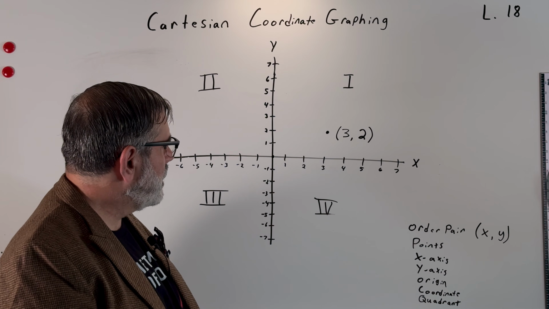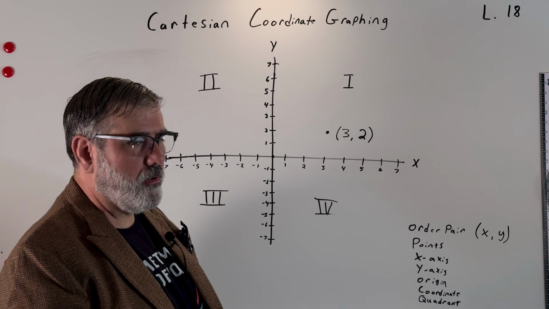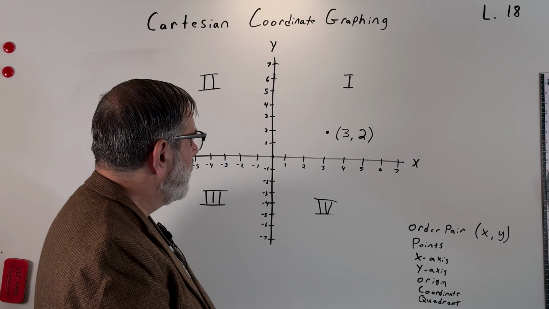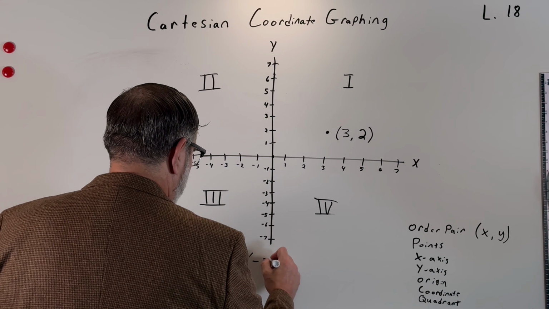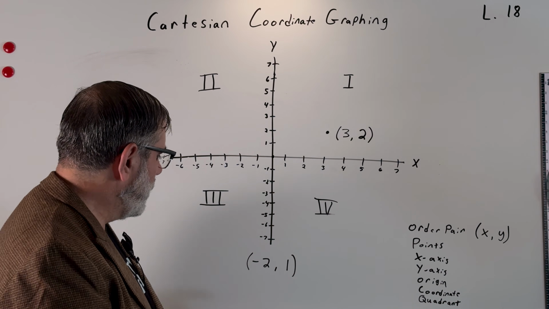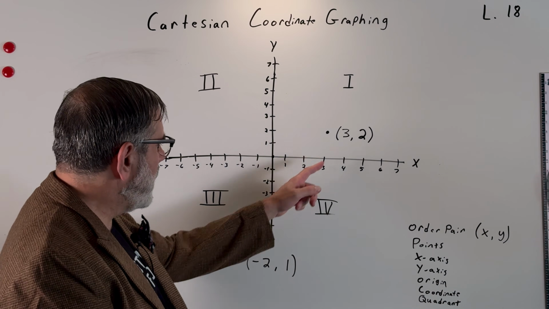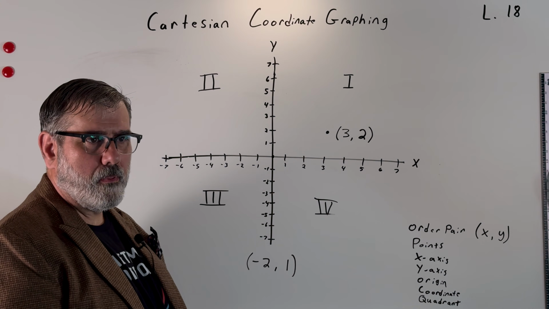What if I had, say, a negative x value, but a positive y value? So something like, what if I wanted to plot the point (-2, 1)? Here, the x value is negative. Well, if positive means to the right, what do you think negative means? To the left. To the left.